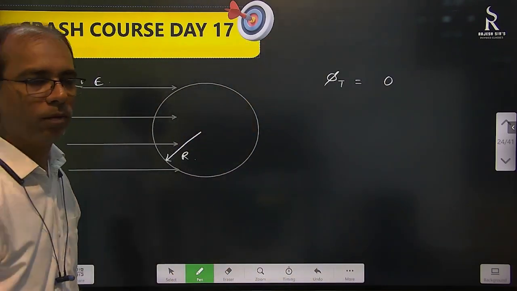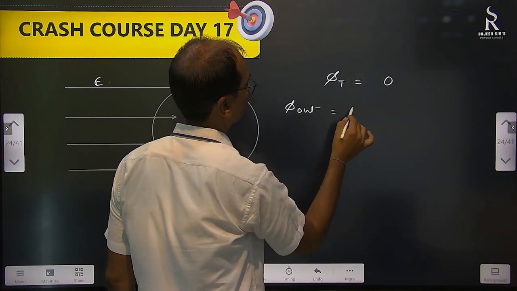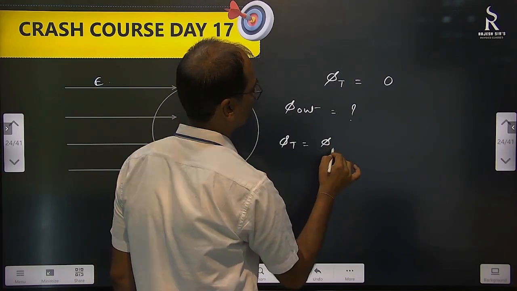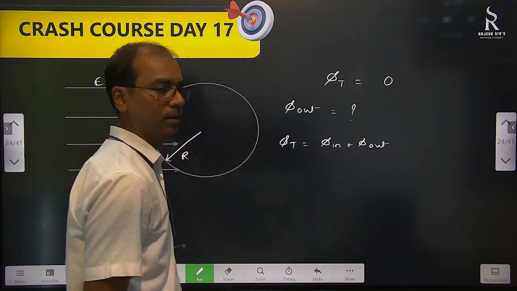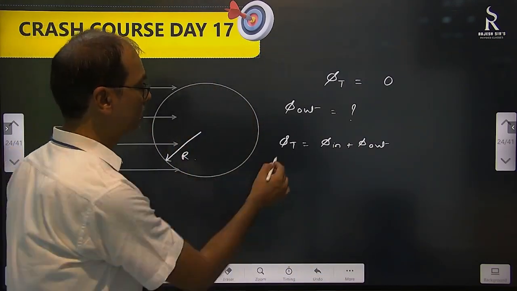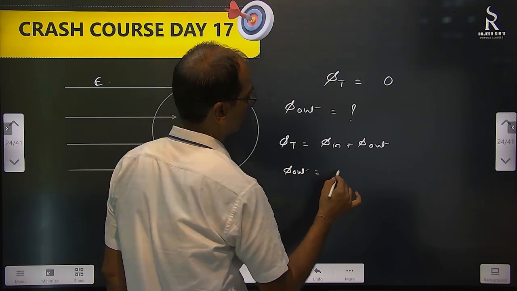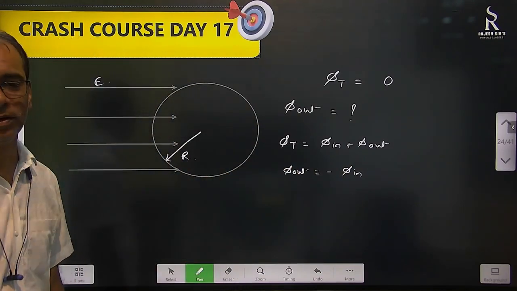Same way, what will be phi out? Phi total is phi in plus phi out, and since this is 0, phi out is the negative of phi in, which we have already calculated.